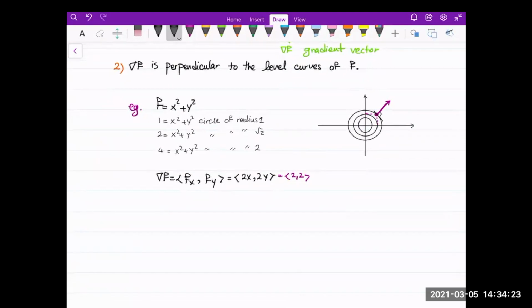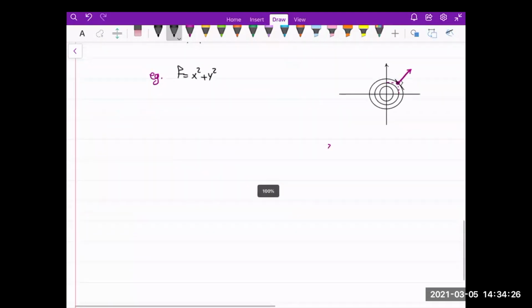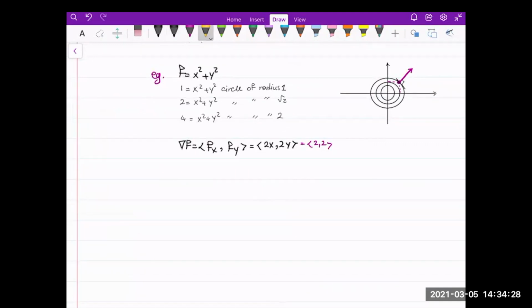Now let's look at some applications for the directional derivative. One of them is finding tangent planes.